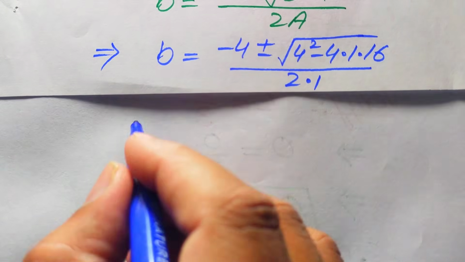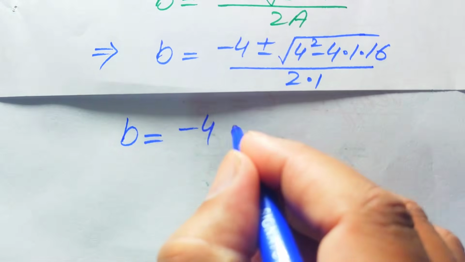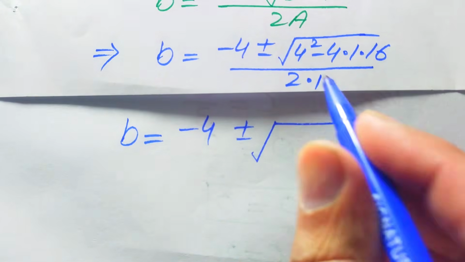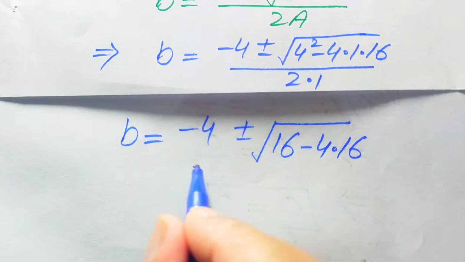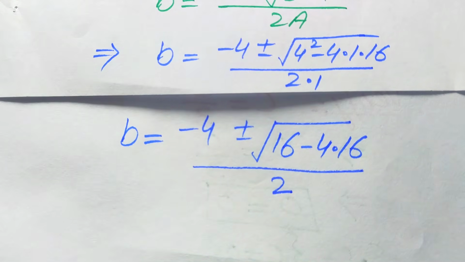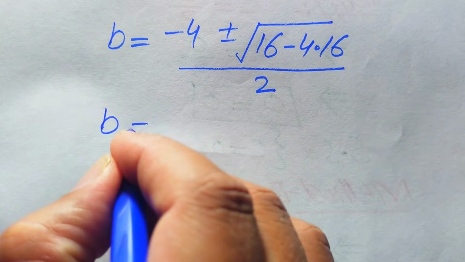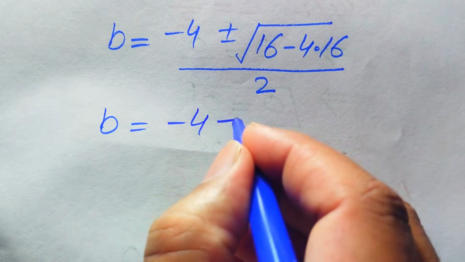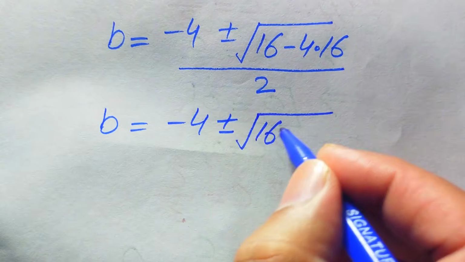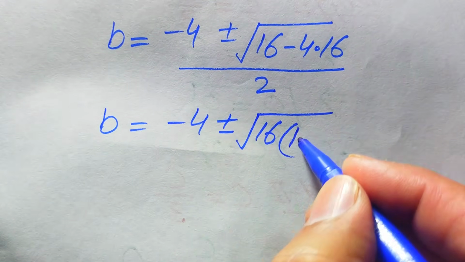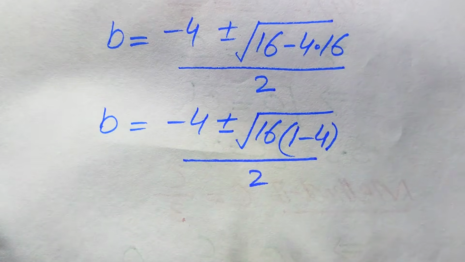In the next step we simplify: b equals minus 4 plus minus square root of 16 minus 4 times 16, divided by 2. Here inside the square root sign we have 16 as a common value, so when we take 16 common, the remaining values are 1 minus 4, divided by 2.